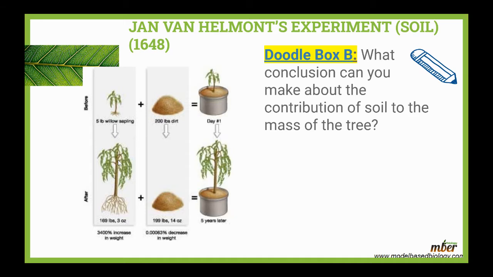So do we think that the plant gained the 164 pounds from the soil? Probably not, right? It probably absorbed some nutrients from it, but it couldn't have gotten all of it from there. So box B, no. The soil did not contribute to the mass gain of the plant. So we know that's a no.